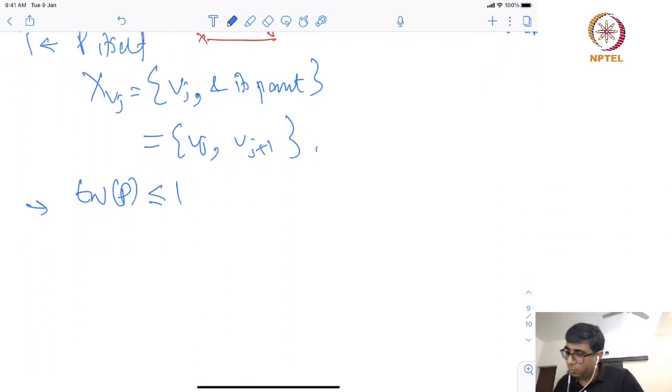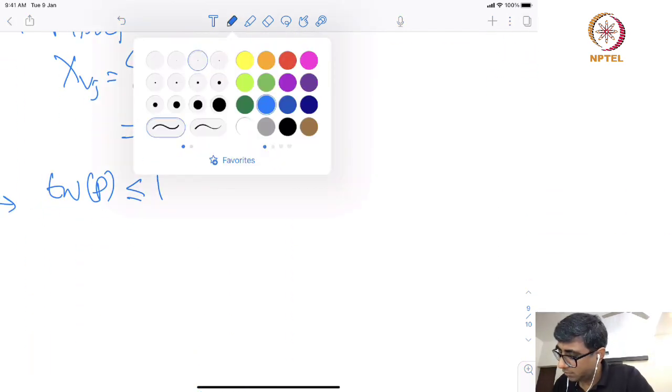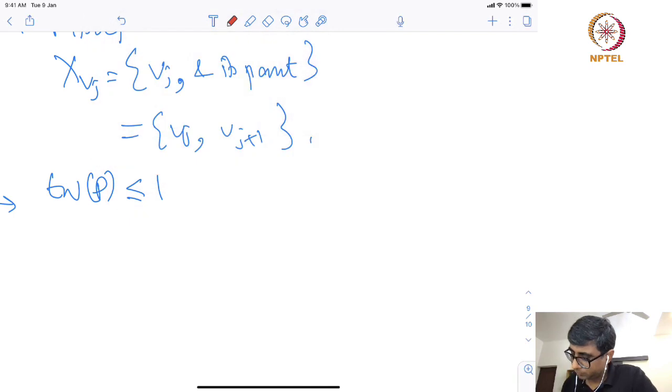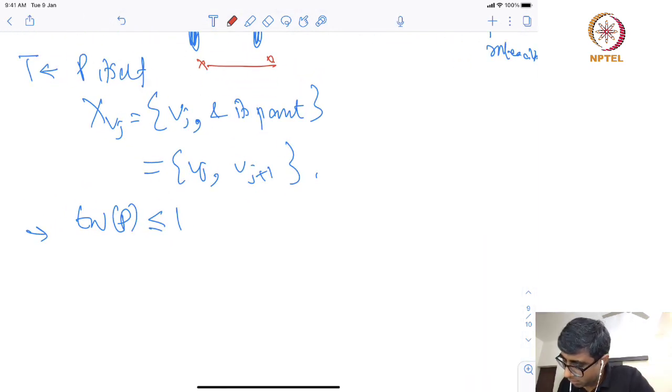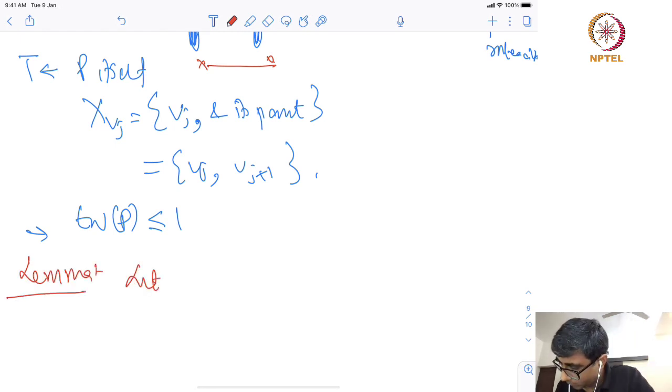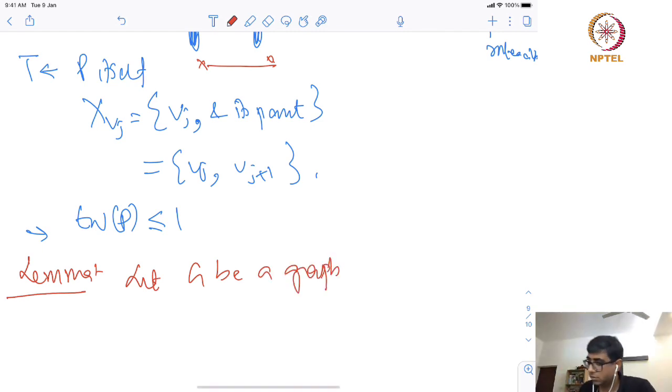Now let's prove another nice result, a small lemma. Let G be a graph and X be a subset of V(G).